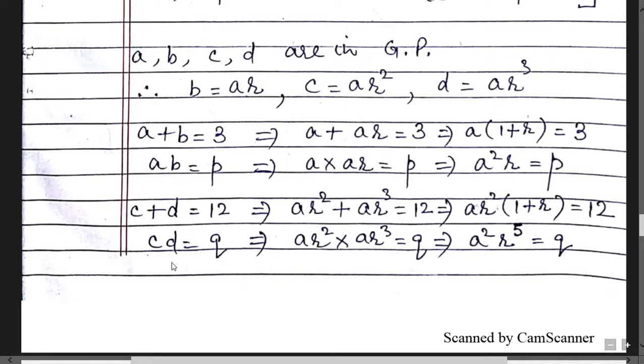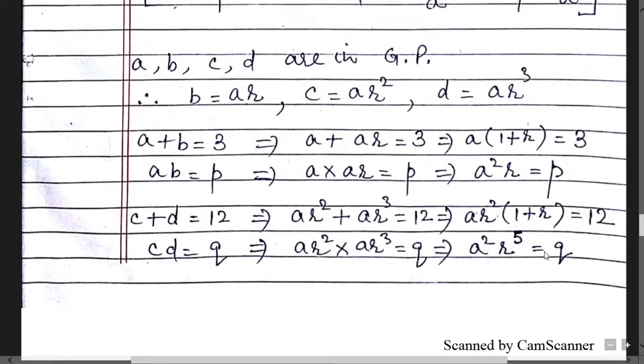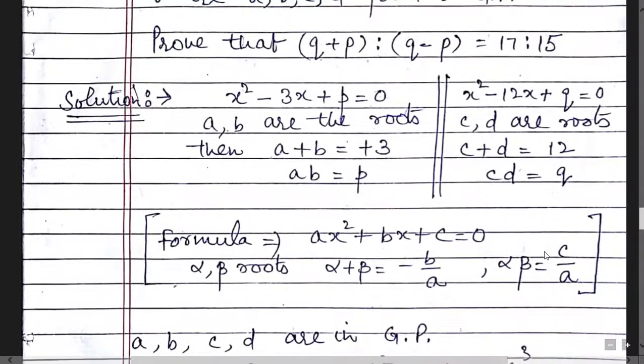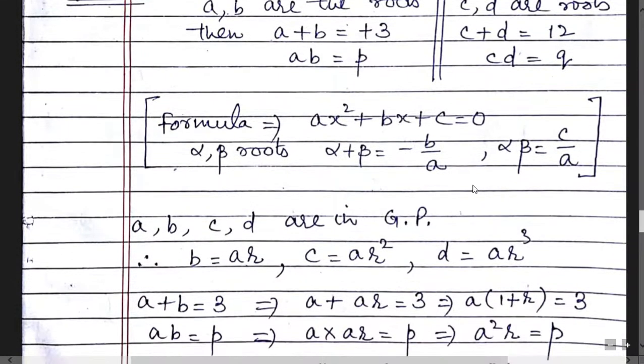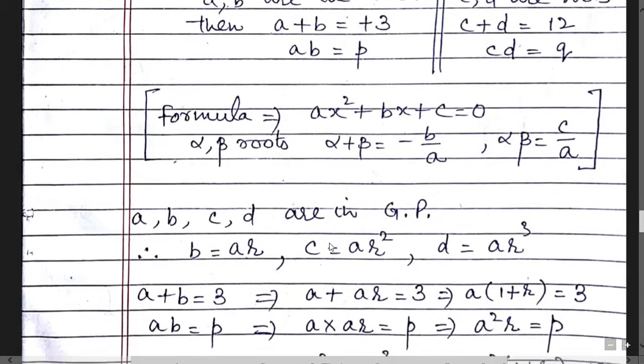And the last term is CD is equal to q. It means AR square and AR cube product, A square R raised to power 5 is equal to q. Now 4 equations are there basically from this set of equations, these equations 1, 2, 3 and 4. Simply I insert the values of A, B, C and D because these terms are in GP.